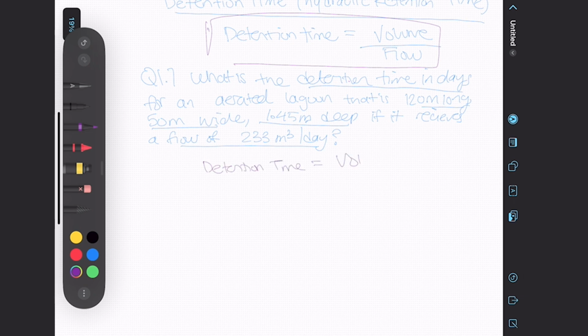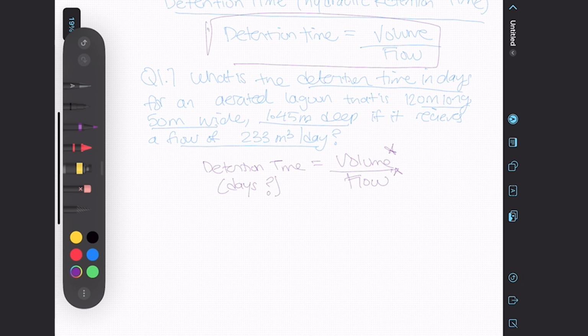We are looking for detention time in days. That's what we're looking for. And to calculate this, our formula requires us to find the volume, and it requires us to find, whoops, this is incorrect. This should be flow. And to input the flow.